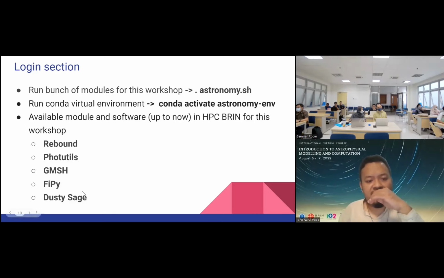But since Ribbon, Phototils, etc. are already installed for this module and software, you don't need to run conda activate astronomy environment. But if you want to download another module, you can activate first and download the Python module, not the module of the HPC.